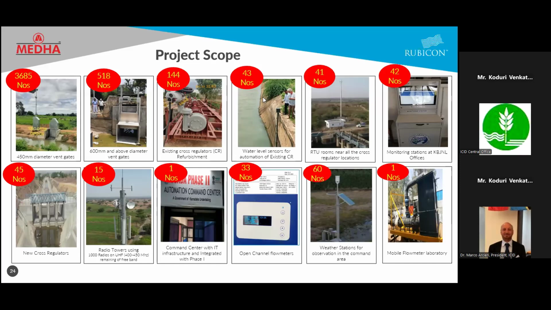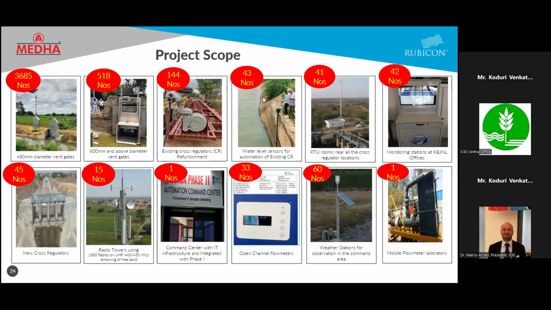Those new cross regulators were introduced, and around 15 radio communication towers were established for the vast command area of 408,000 hectares of KVJ and NLBC.